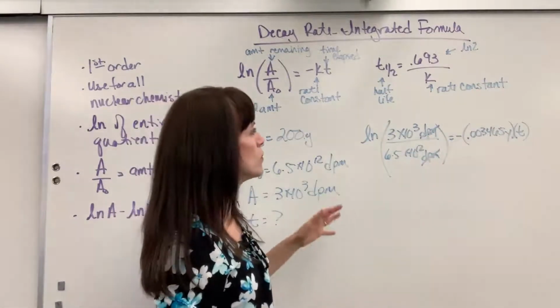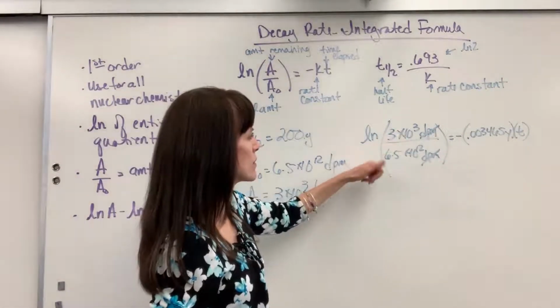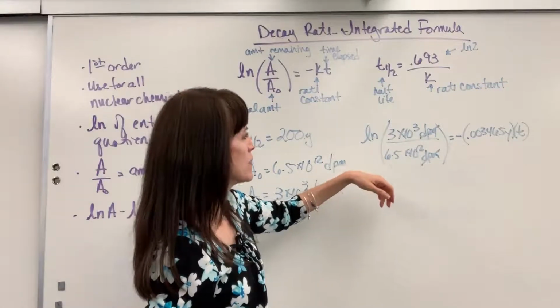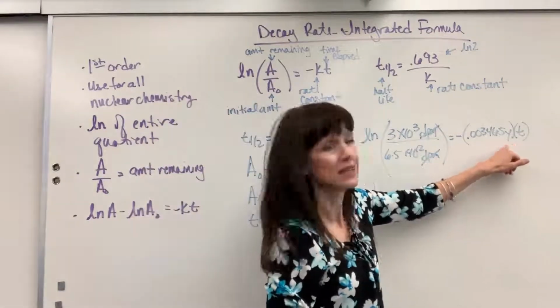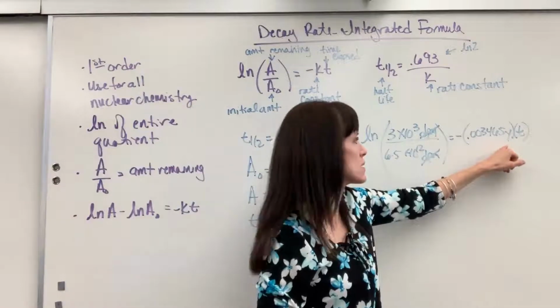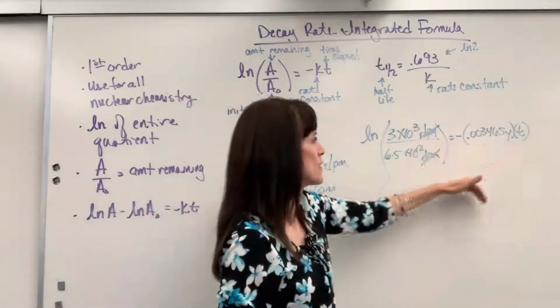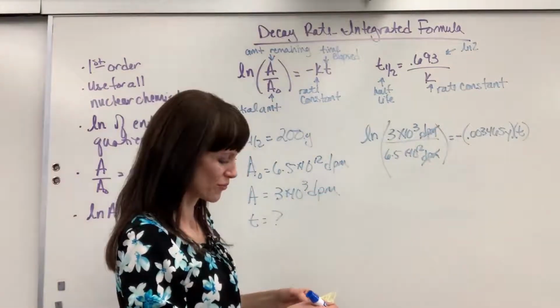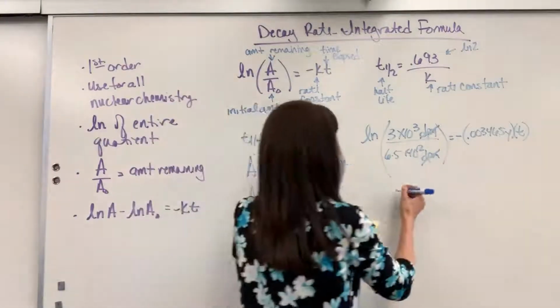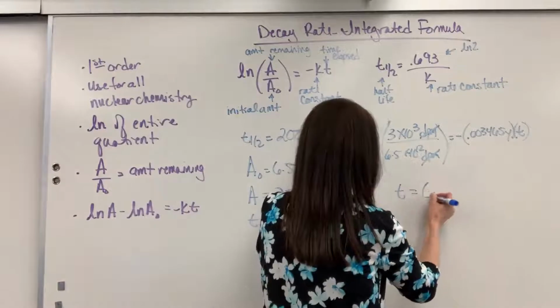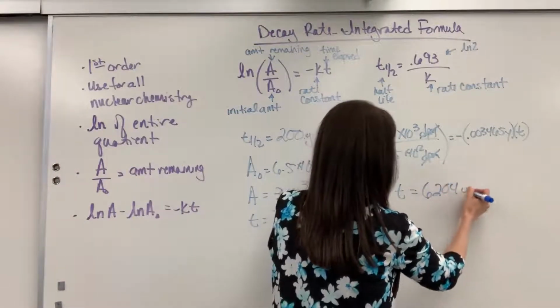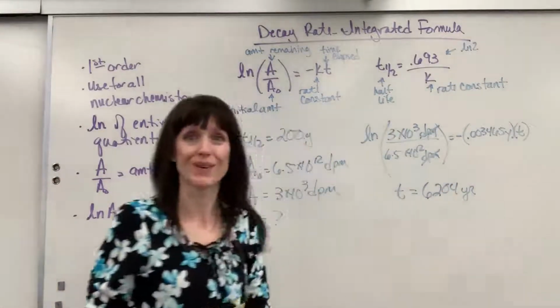And when I divide this over, our amount of time is going to end up being in years. That's what we'll be left with, is the years. So if I do the quotient, take natural log, divide over the negative 0.003465, the time that it took, wow, 6,204 years. A long time.